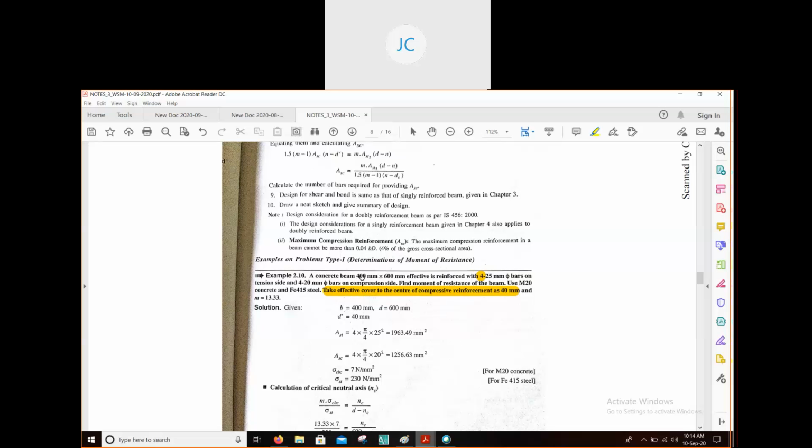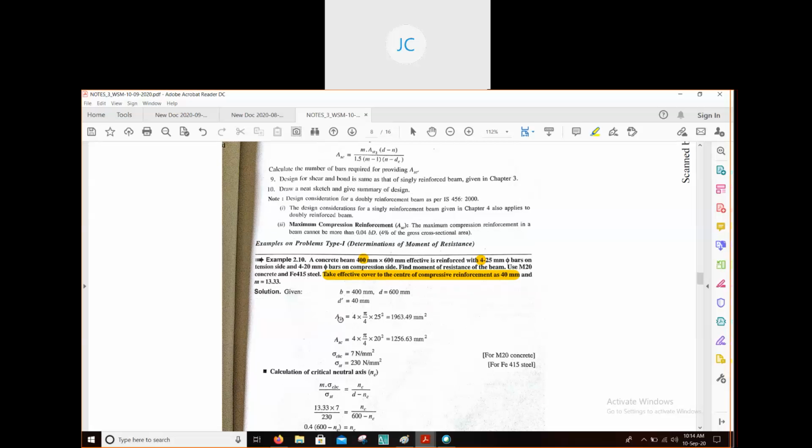D is given. This is 400, this is 600. This is our b, this is our small d. Since the word effective is mentioned, it is the value of small d. Then d dash is given as 40 millimeter. Then Ast, area of steel in tension: you are providing 4 bars of 25 millimeter in the tension side.